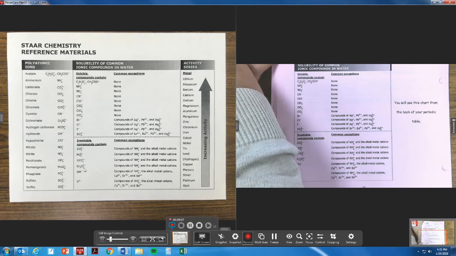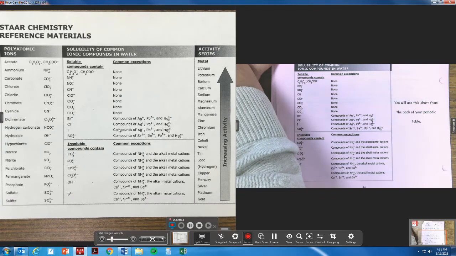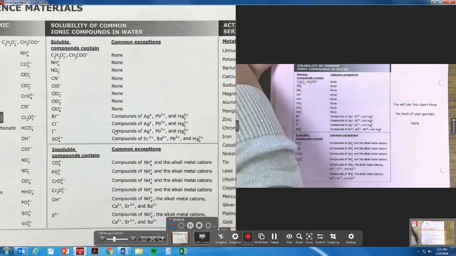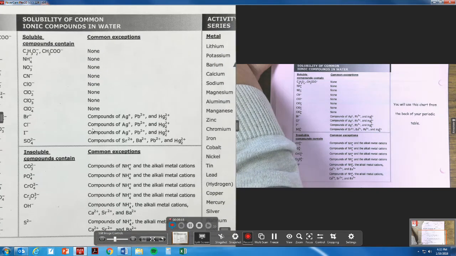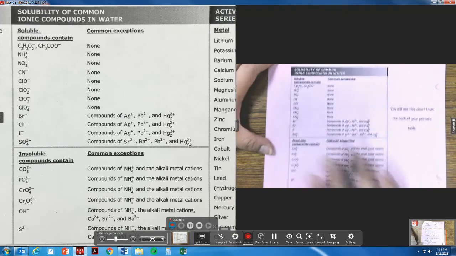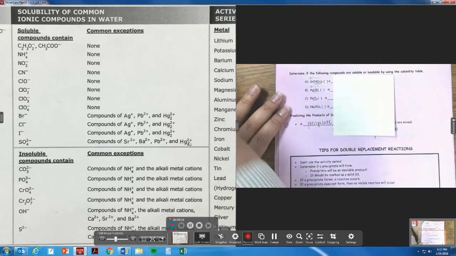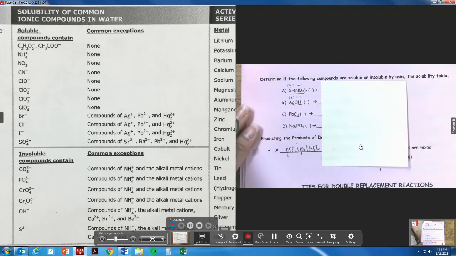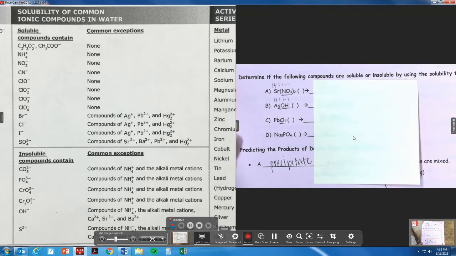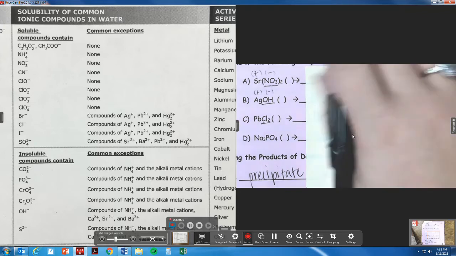Your solubility chart is for double replacement, and your activity series is for single replacement. So let's go ahead and take a look at this solubility chart and how we use it. We have a few examples in our notes, which I've actually already done. Hopefully you guys can't see my answers.